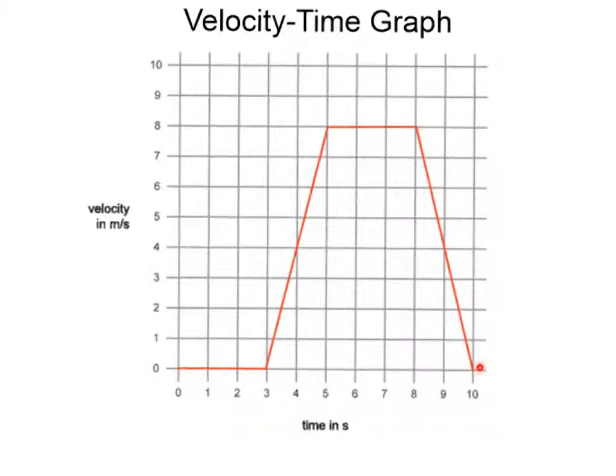If I take my final velocity minus my initial velocity, I'm going to have a negative number. Therefore, I am negatively accelerating. Instead of decelerating, I have a negative acceleration. And here, I'm stopped again. At time 10 seconds, I'm at 0 velocity once again.